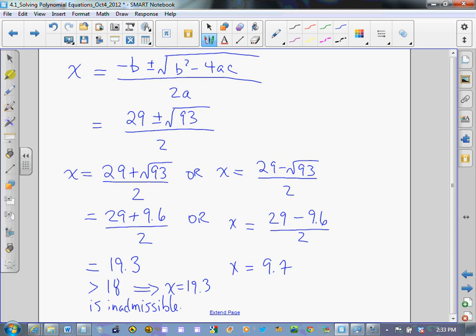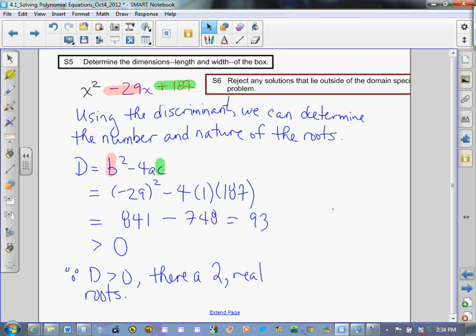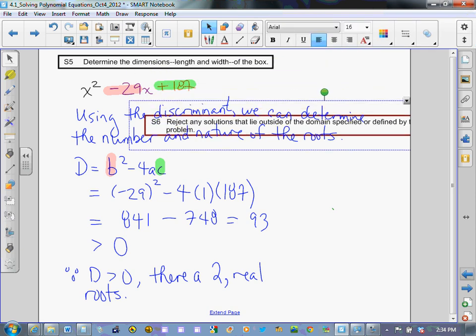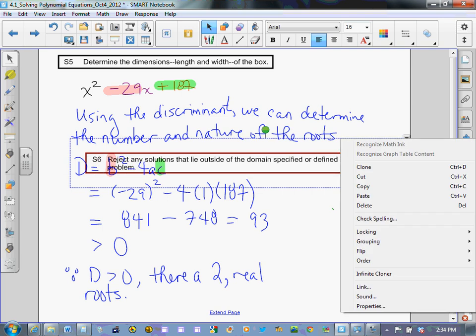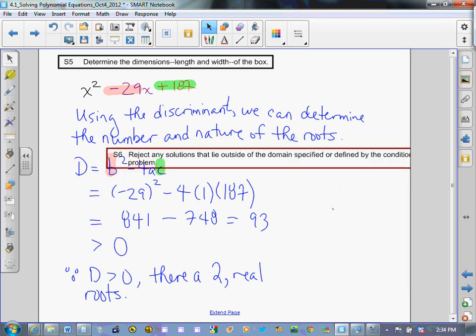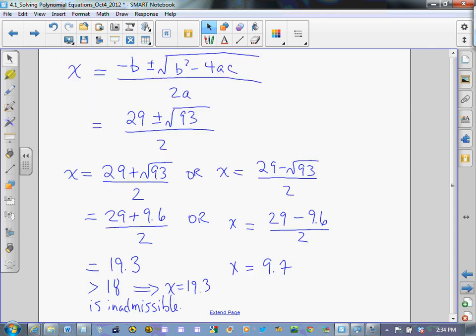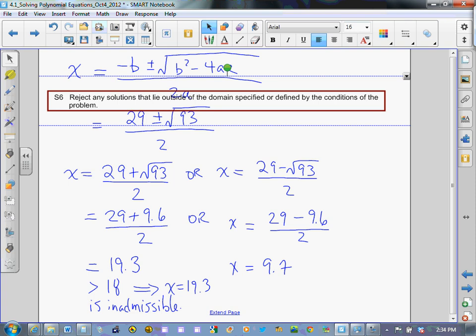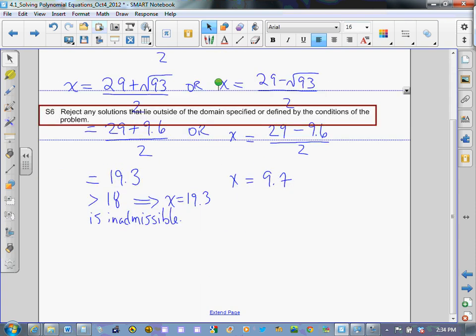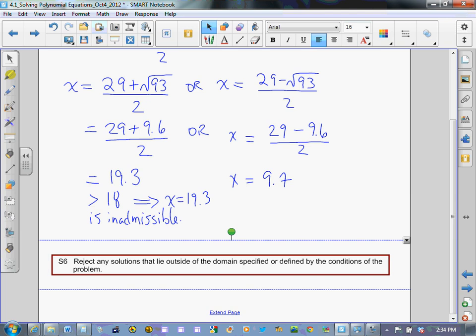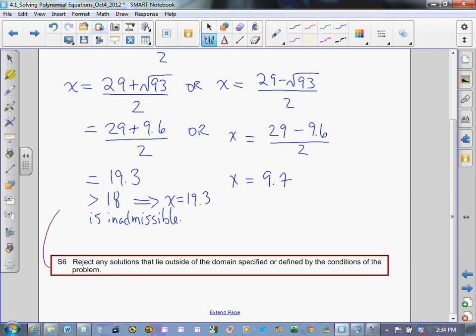So we'll go back now and we'll report these x values as our answers. And that is what step 6 happens to be. So I'm going to bring this forward to the next page, because that is exactly what we've done down here. So this is what's going on here. We are rejecting solutions that are outside the domain.